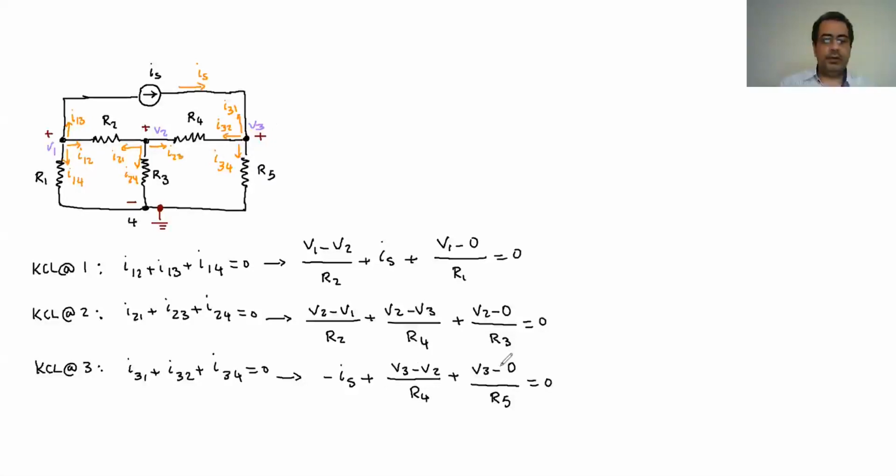Now that we have these three equations, we have three unknowns: V1, V2, and V3. IS is known, and R1, R2, R3, R4, and R5 are also known. So IS is known, all the R are known, and the unknowns are V1, V2, and V3.